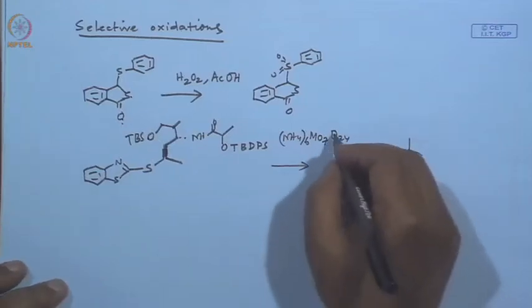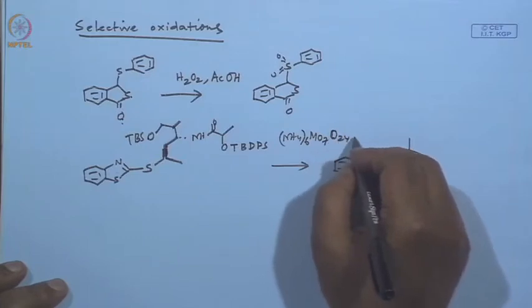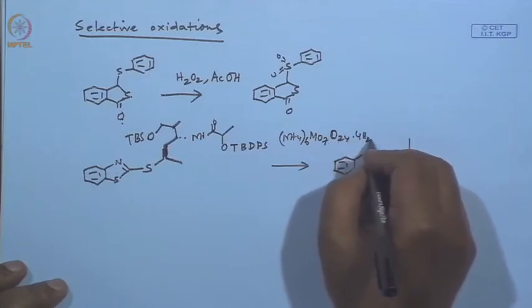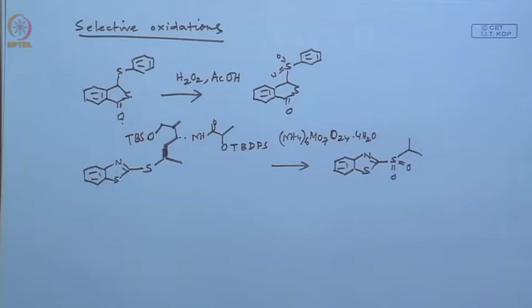Okay. And this is quite often used in one of the labs in IIT. Which one is it? Somnath's lab. Okay. And they often use the Julia-Kocienski reaction.